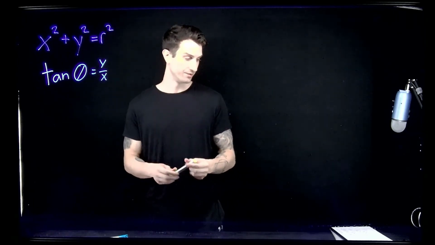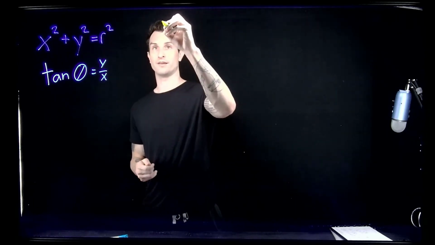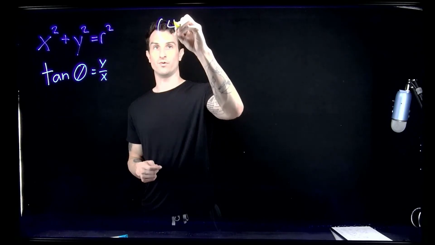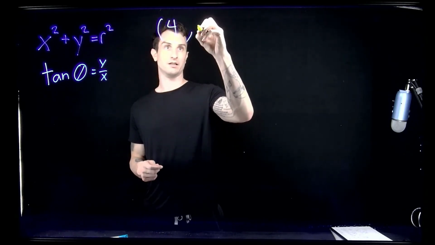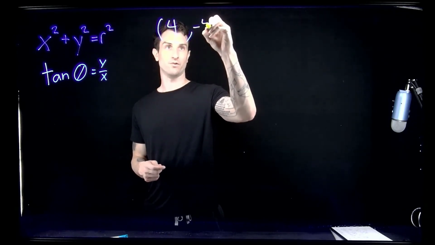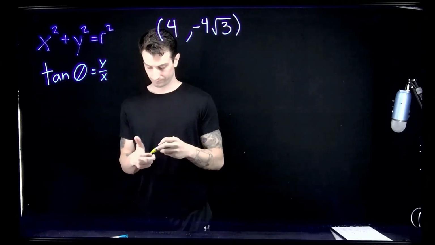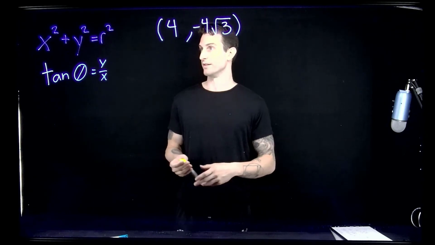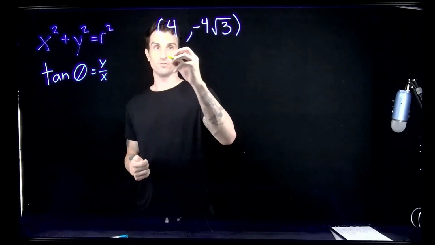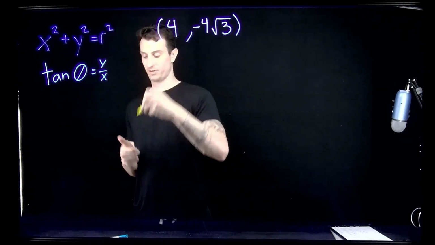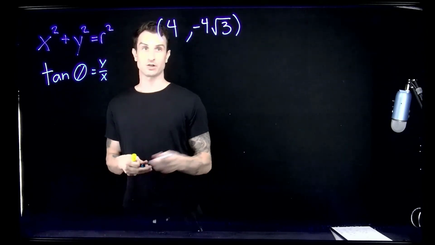Okay. So the Cartesian coordinate that I'll give us, we'll do (4, -4√3). Let's see if this turns out nice. We'll try finding the radius first. So let's do x squared plus y squared.